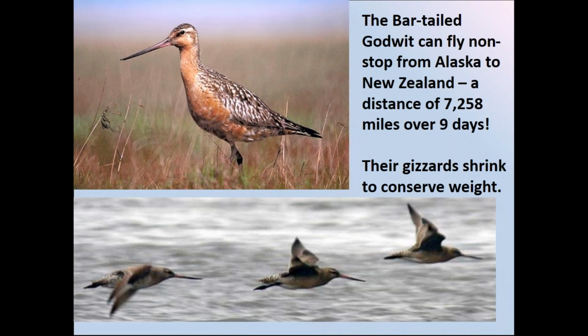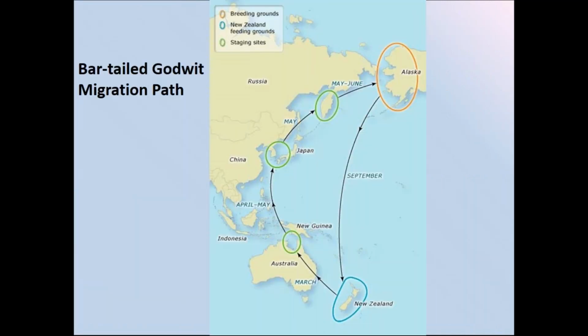And with this new technology, these surgical implants, they discovered and confirmed recently that these godwits can fly nonstop over 7,000 miles from Alaska all the way to New Zealand. Imagine flying almost 9 days and over 7,000 miles without stopping. Amazing. And here's the route that they took from Alaska to New Zealand.